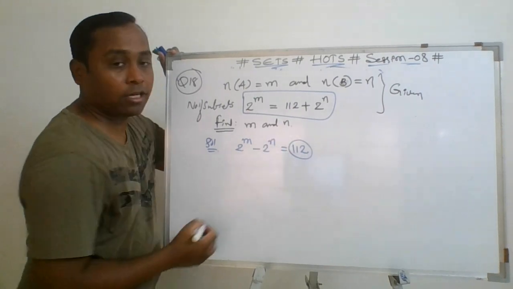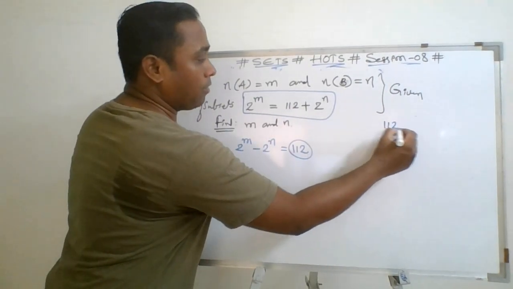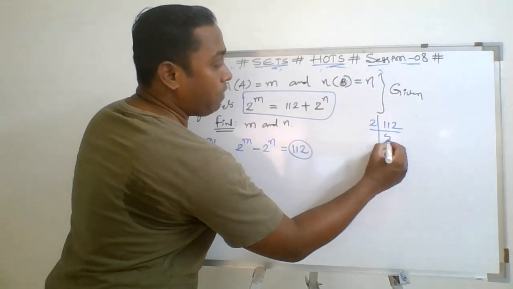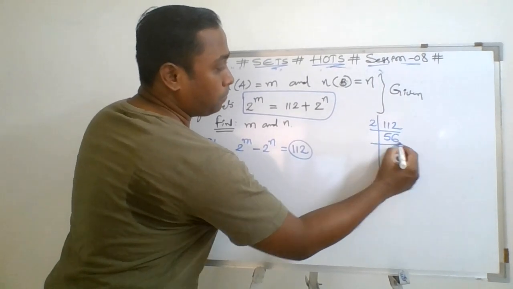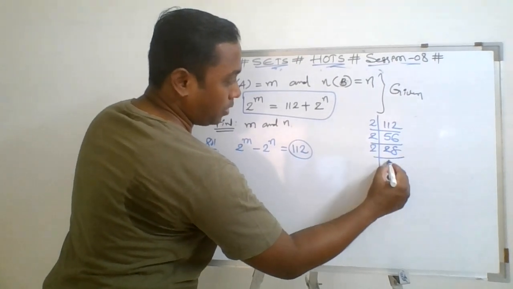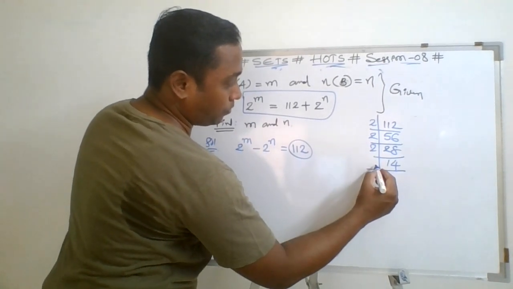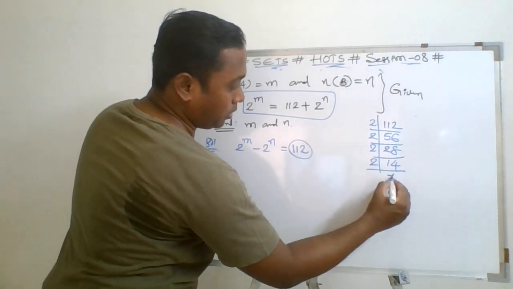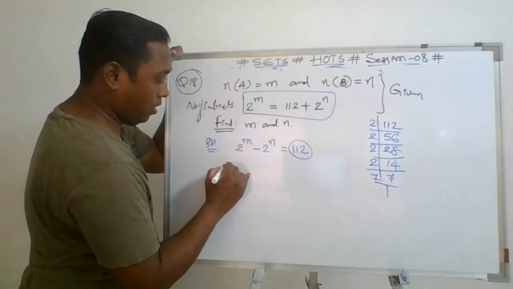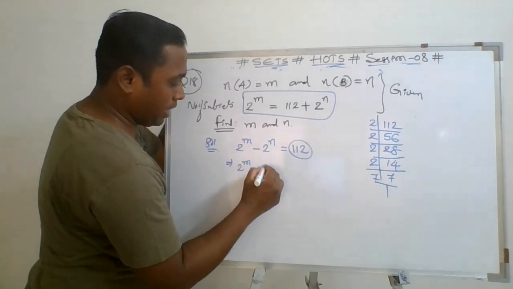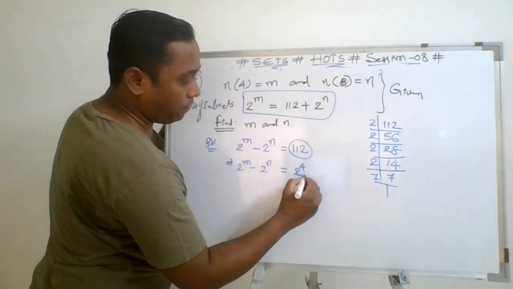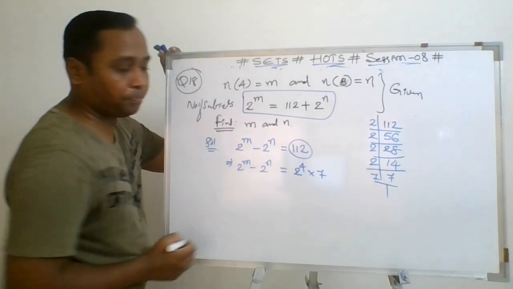I'm getting the factors of 112 by the prime factorization method. So 2 5s are 10, 2 6s are 12, then 2 8s are 16, 2 14s are 28, am I right? And then 2 7s are 14. So here I can write 2 to the power of m minus 2 to the power of n. This 112 can be written as 2 to the power of 4 into 7.